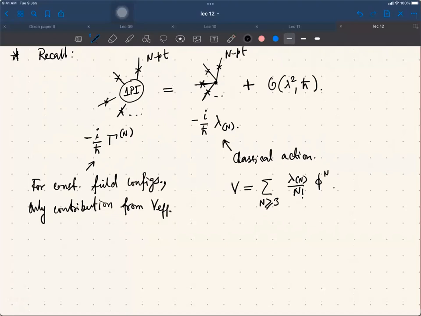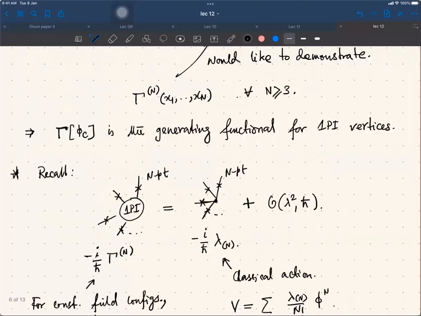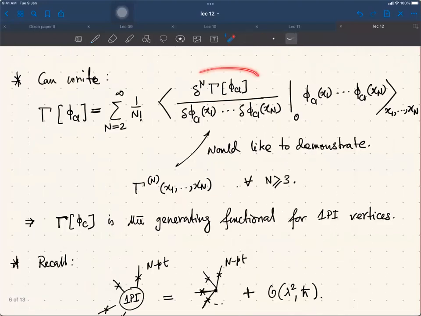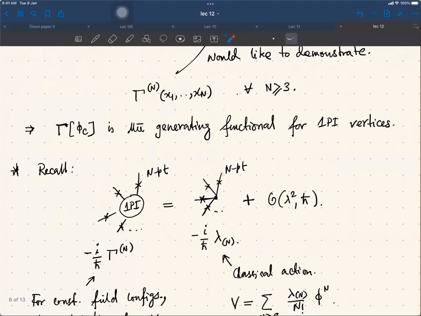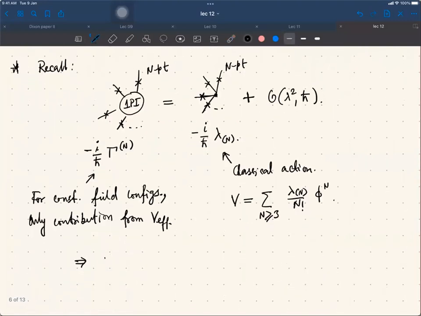On the left hand side, we have V effective, and therefore what one can write is that this implies, because of this result, that this is the 1PI effective action. This is the result coming from the fact that one can write V effective as the classical potential plus higher order contributions coming from loops and so on.